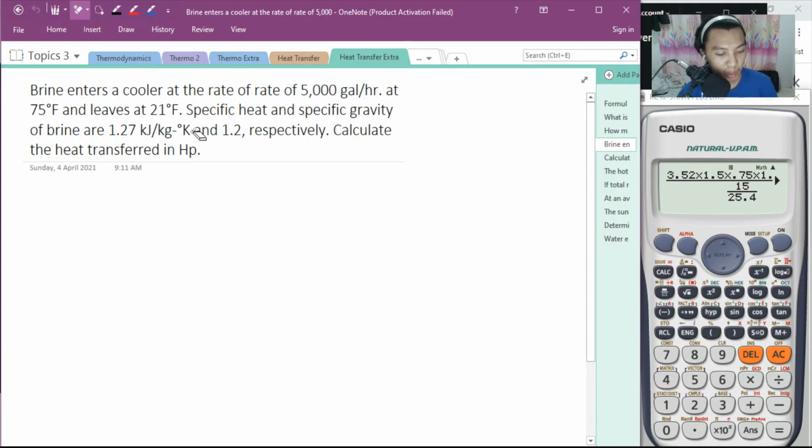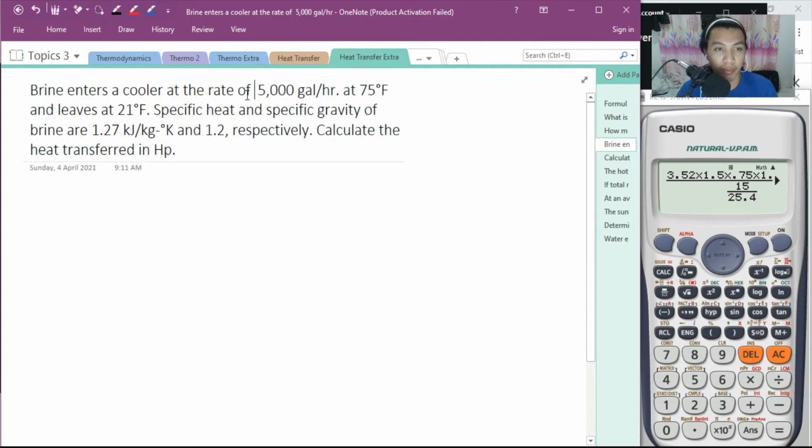So, brine enters a cooler at the rate of 5,000 gallon per hour at 75 degrees Celsius and leaves at 21 degrees Fahrenheit.